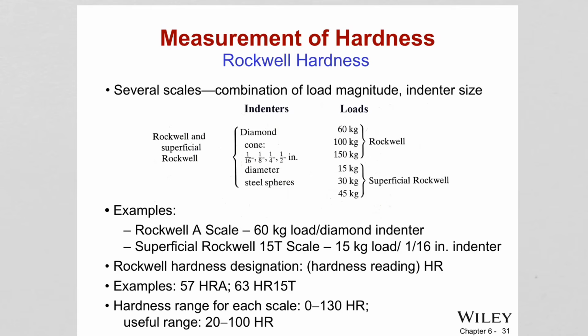Based on that, people came up with hardness tests. One of them is called Rockwell hardness. For Rockwell hardness, we have a diamond or steel indenter, and the loads applied are in this range. Based on that, we measure the indentation and correlate the measured diameter to a hardness value.